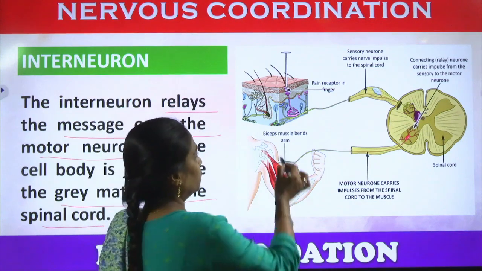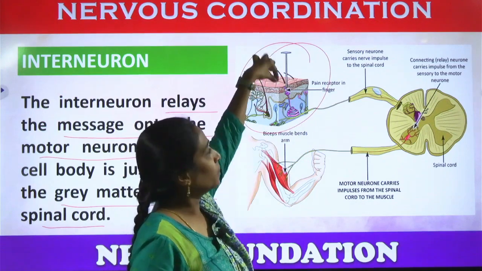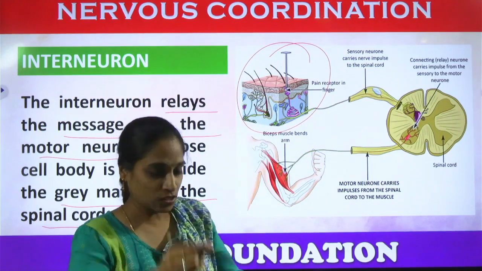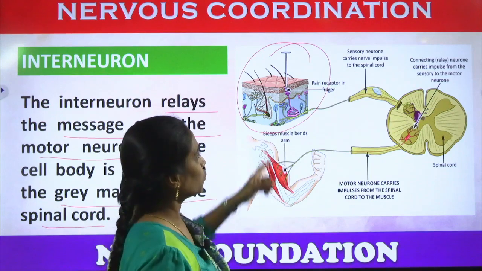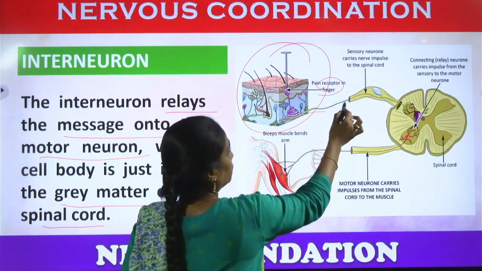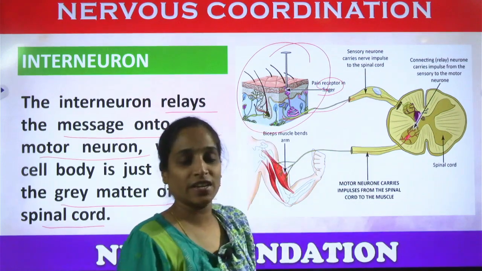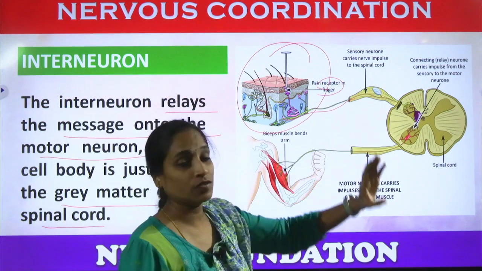See here, the skin is stimulated by pricking. Okay, so just pricking on the skin. This pain receptor in the finger, which is attached to the sensory neuron, carries the nerve impulses to the spinal cord. So what kind of nerve impulses?